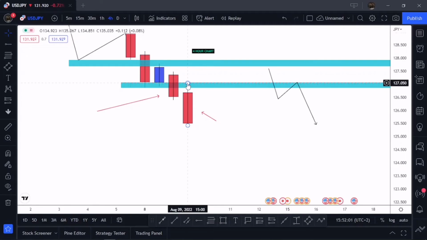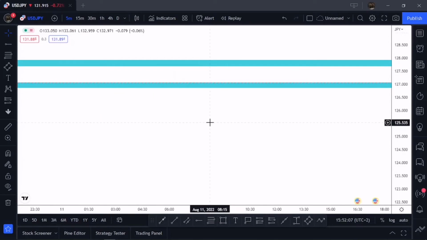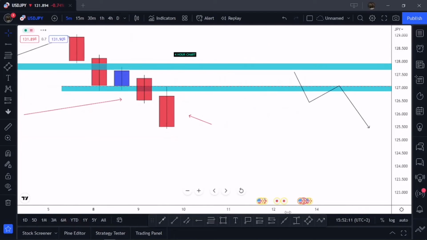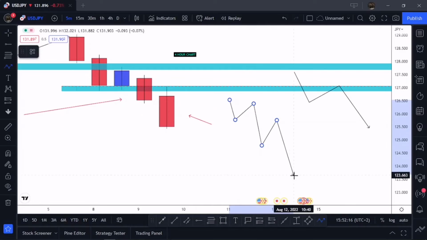So after this wick retest, if you can go down to your 5 minute chart, you'd find that there's an intraday trend that has already been forming.